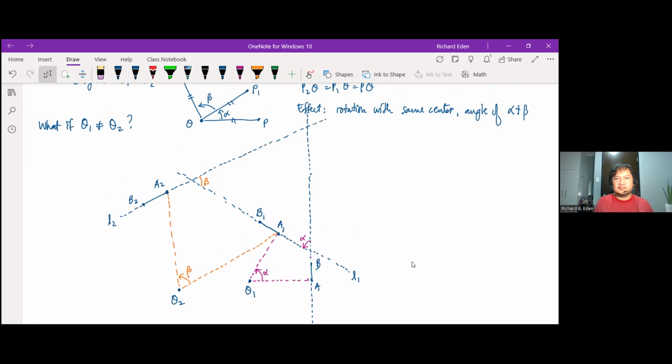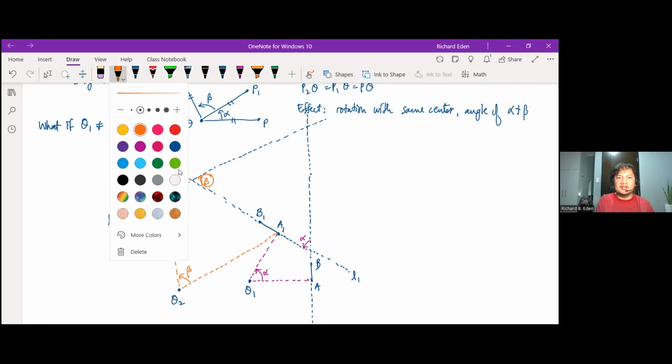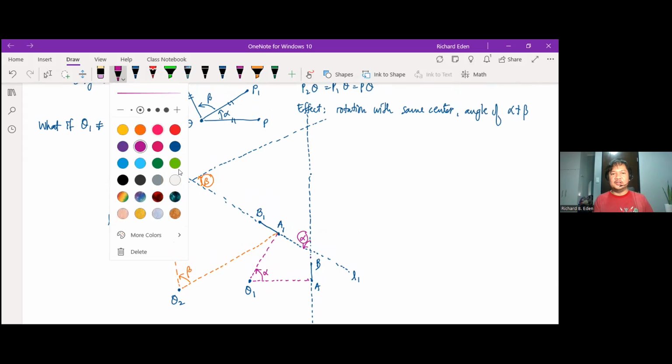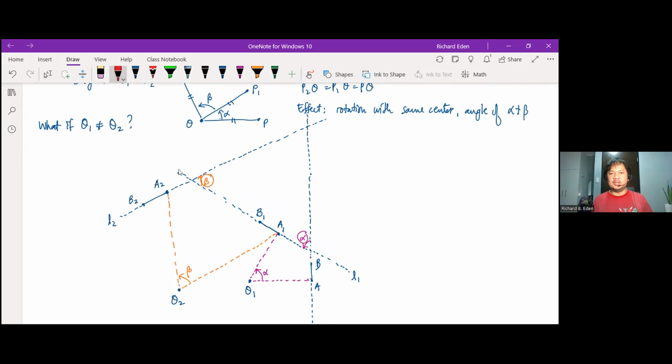Okay, so because of the angle beta here and the angle alpha here, then if you look at the rotation from L going to L2, that would be a rotation around some angle, okay?